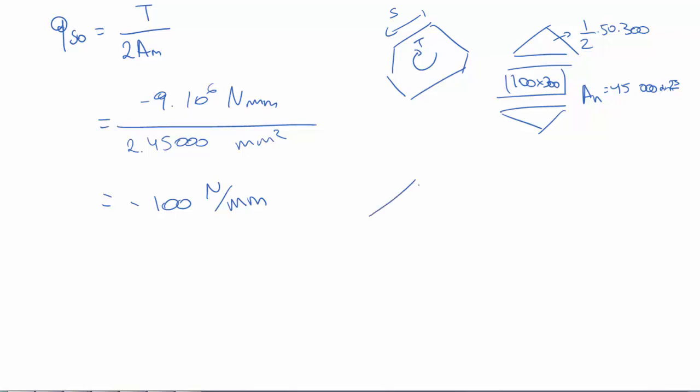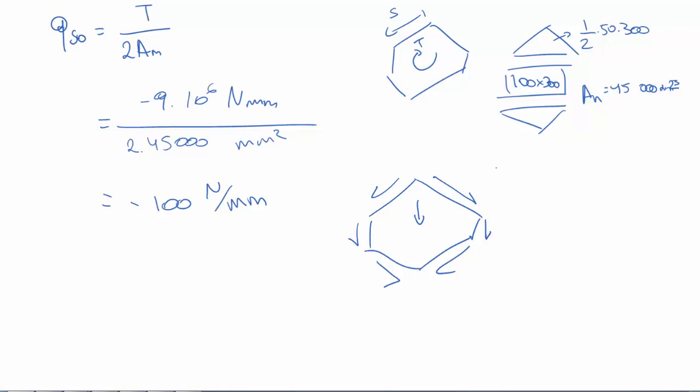If we then recall our shear flows due to the vertical shear force, we remember that they went like this. Now, since our torsion shear flow is in the clockwise direction, we know that the right-hand side shear flows will be amplified by this extra torsion shear flow, while the left-hand side shear flows won't.